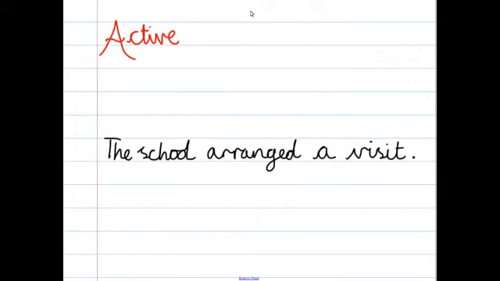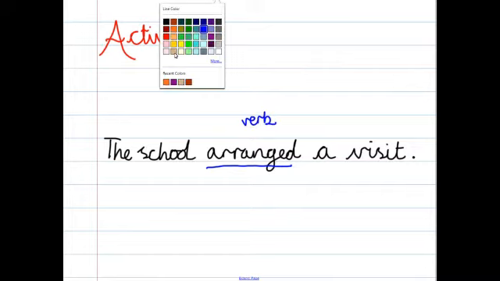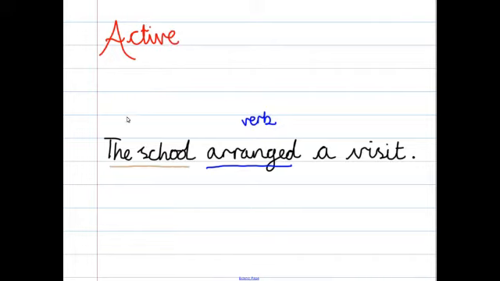So if we have another look at another example here, the school arranged a visit, again in the past tense. If we pick out our verb, which is arranged, and who or what is doing the arranging? Well, it is the school, so that is our subject.